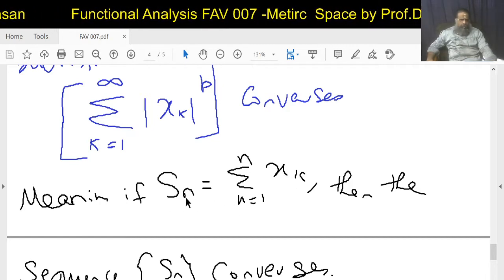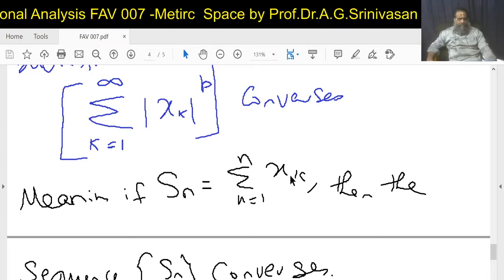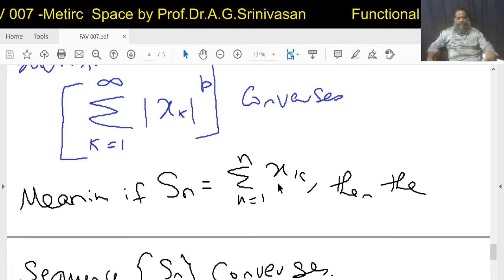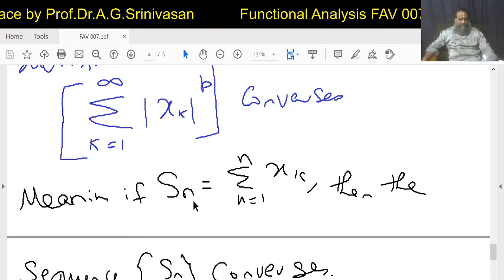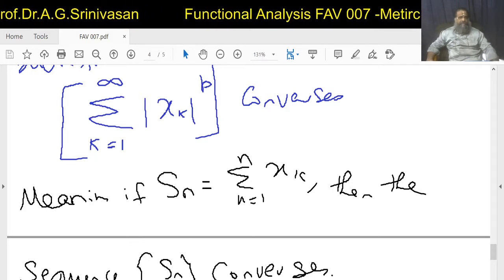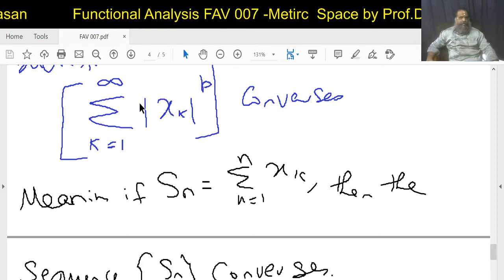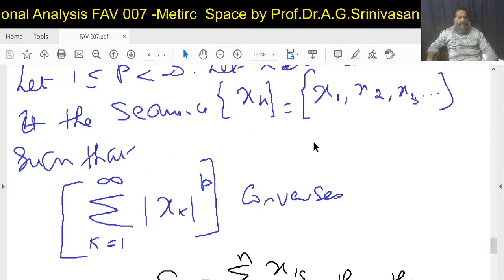What is S2? X1 plus X2. What is S3? X1 plus X2 plus X3. What is S4? X1 plus X2 plus X3 plus X4 and so on. This Sn for a given n is called the partial sum. If this sequence converges, we say this series converges. And that's why I told you this series with power p certainly converges. It is called an LP space.